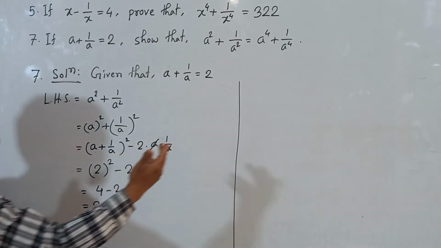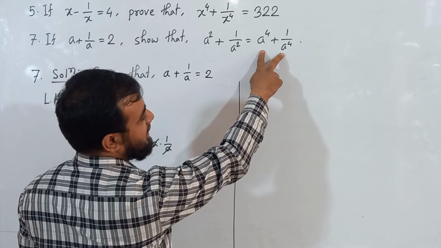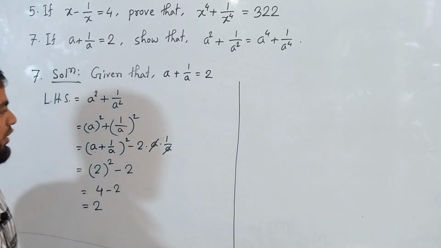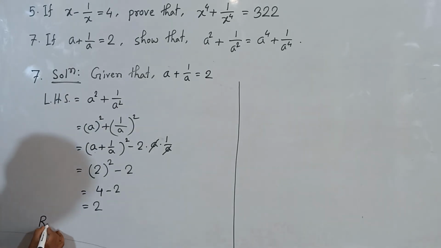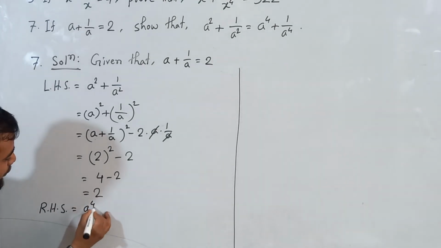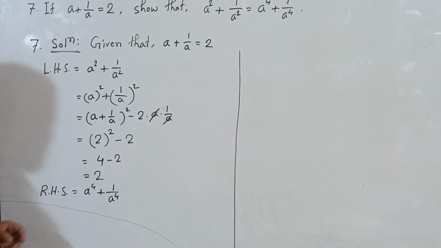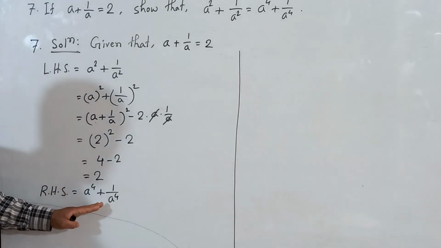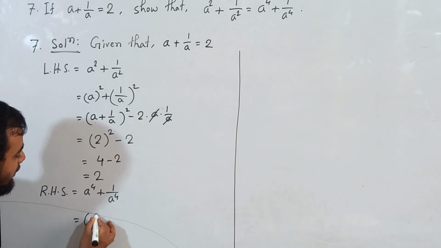Now what is the value of the right hand side? We don't know. That means we need to take this one as the right hand side and find the value this way. Our right hand side is equal to a to the power 4 plus 1 over a to the power 4. Like the previous problem, we'll calculate the value of this one. First of all create corollary 1.